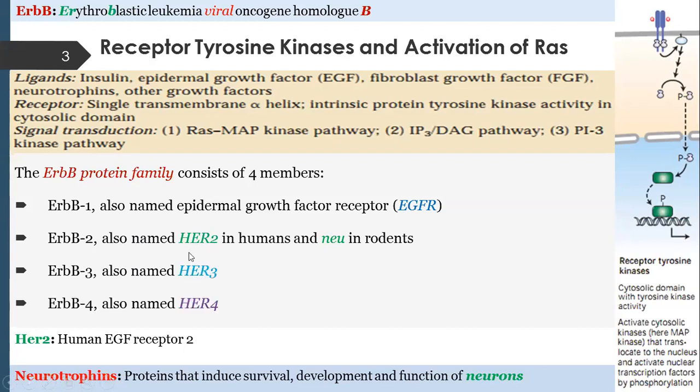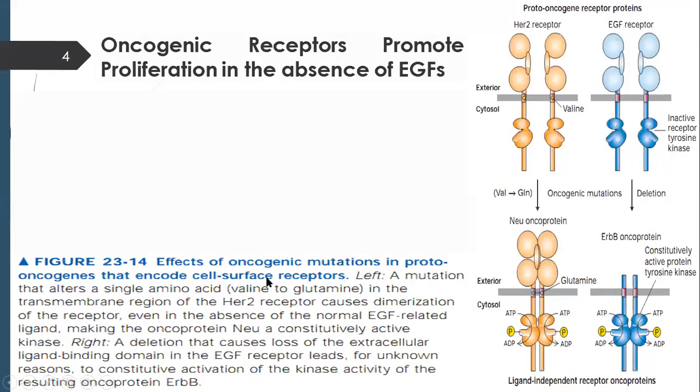ERB3 is known as HER3, and this is also a receptor tyrosine kinase, and ERB4 will be known as HER4. These are the different types of receptors present on the cell surface, and they are all receptor tyrosine kinases.